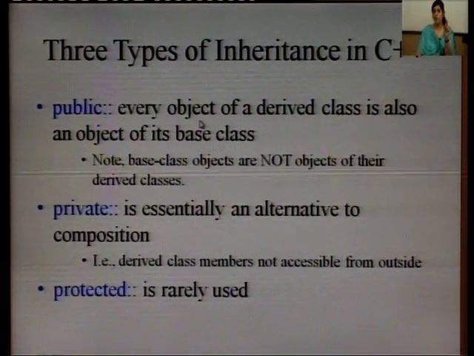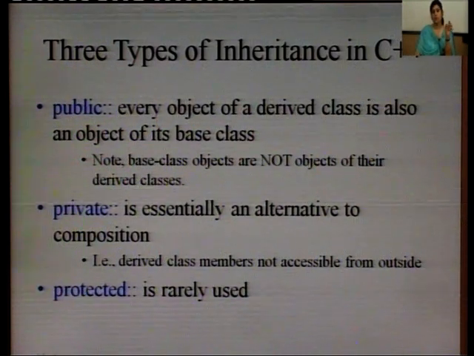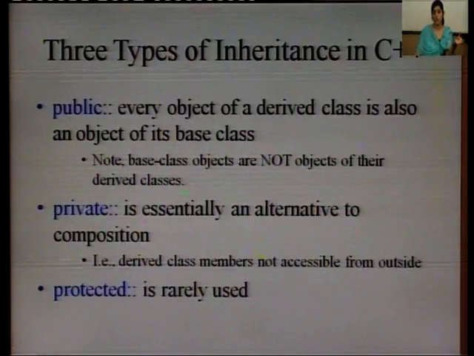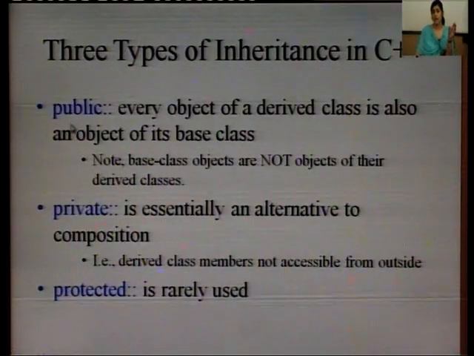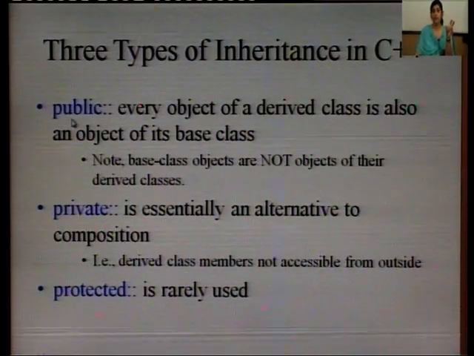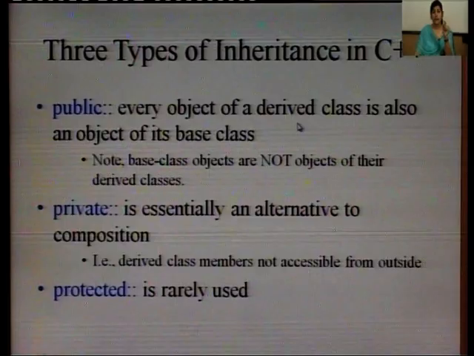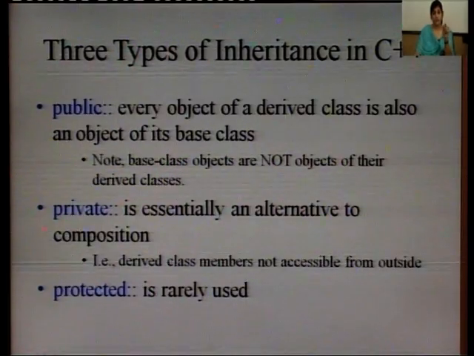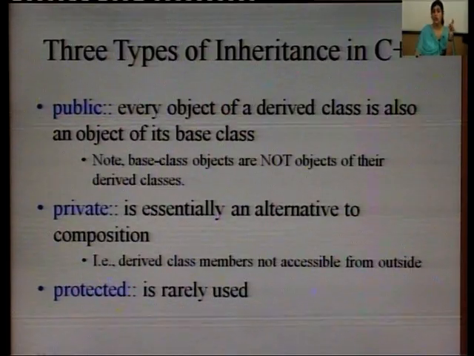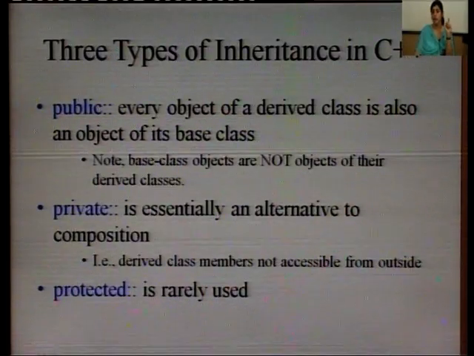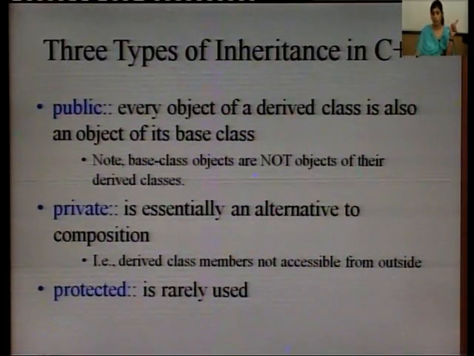But if you are using the inheritance concept, then it is obvious you have two classes, one a parent and one a child class, and in the child class you declare it as a public inherited class. Then what will happen when you declare an object of the derived class? That object can access the member functions and data of the base class also, and vice versa is not true.